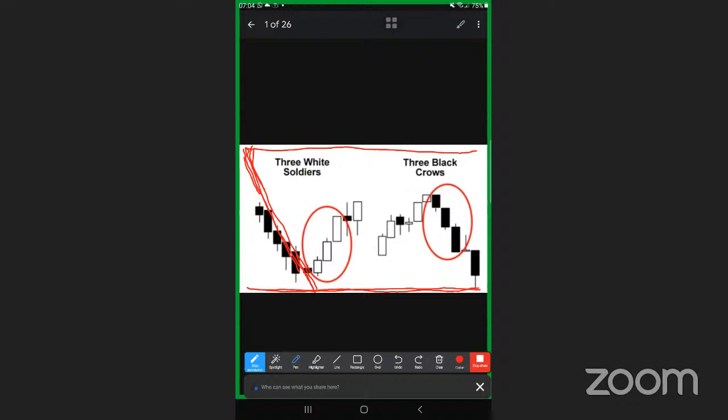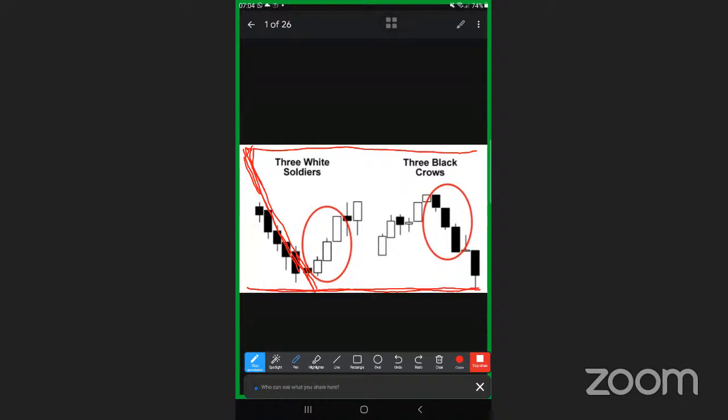You are going to see this type of candlestick chart pattern called the 3 white soldiers. The 3 white soldiers consist of 3 candlesticks. Don't forget this.